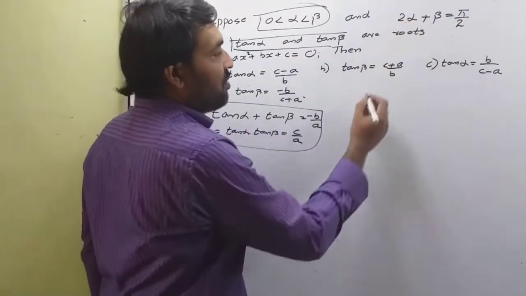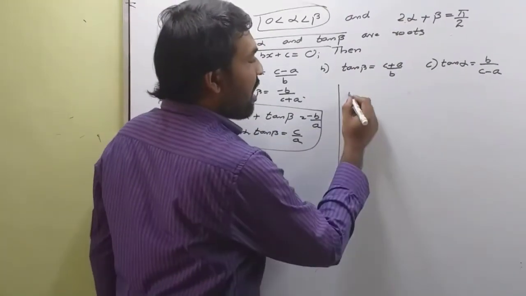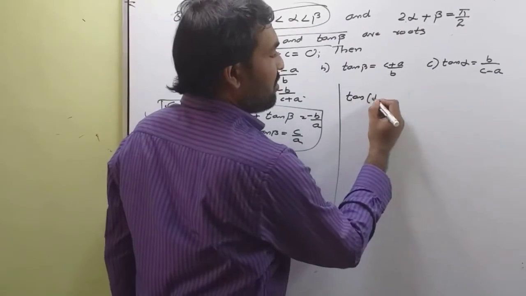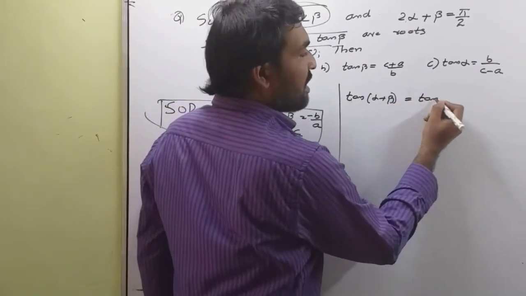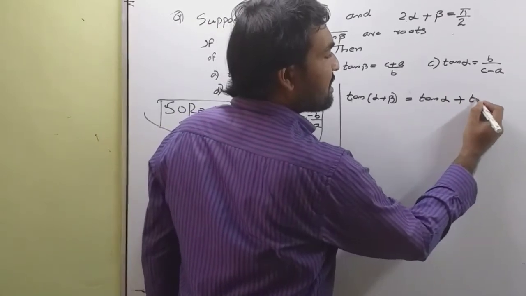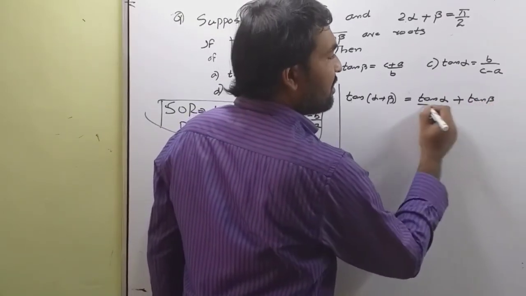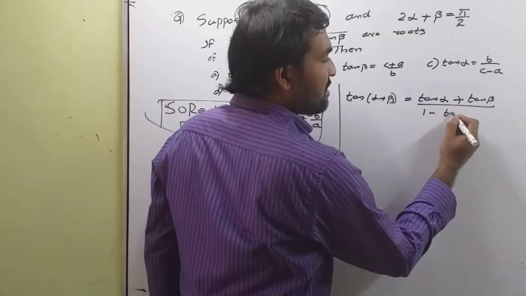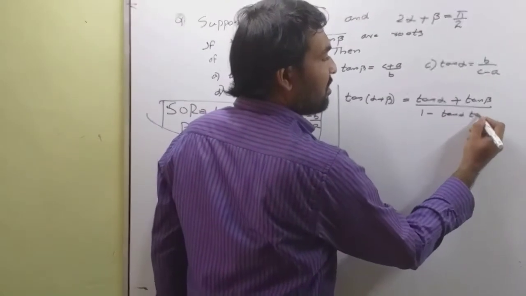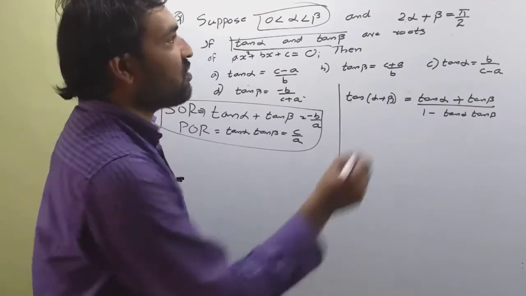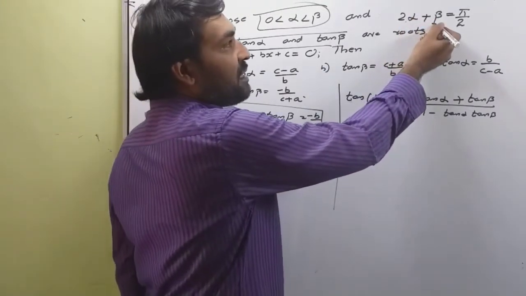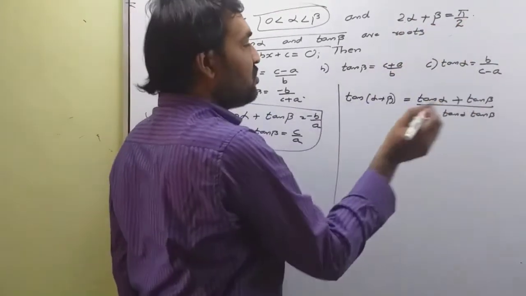Now what is tan(alpha plus beta)? That is equal to (tan alpha plus tan beta) divided by (1 minus tan alpha tan beta). Now what is the value of beta? Beta is equal to pi by 2 minus 2 alpha.